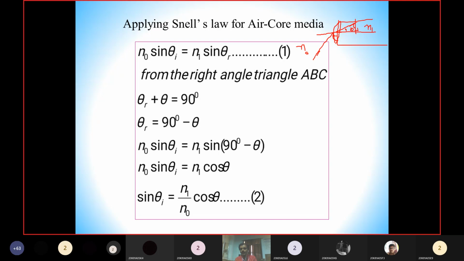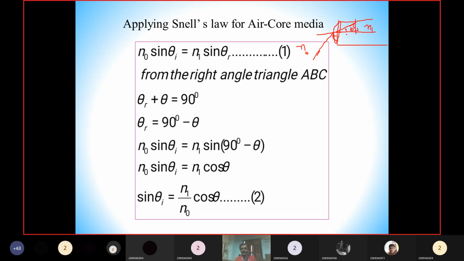This is one triangle: this angle is theta r, this angle is theta, and this angle is 90 because this is the normal line. The total of the angles in a triangle is 180, so theta r plus theta plus 90 equals 180. So theta r plus theta equals 180 minus 90, that equals 90.